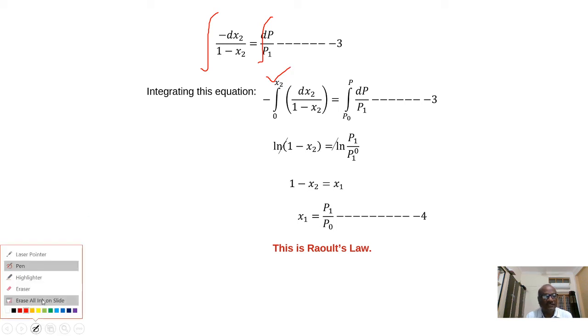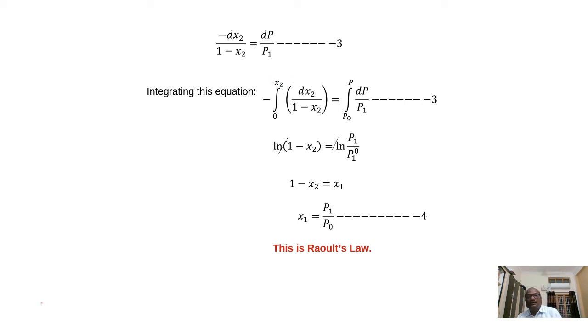So on integration, the integral of dx2 by 1 minus x2 becomes minus log 1 minus x2. Already a minus is there, so minus into minus becomes plus. So this value becomes log 1 minus x2, since the lower limit is 0. That is equal to the integral of dp by p1, which is nothing but log p1.